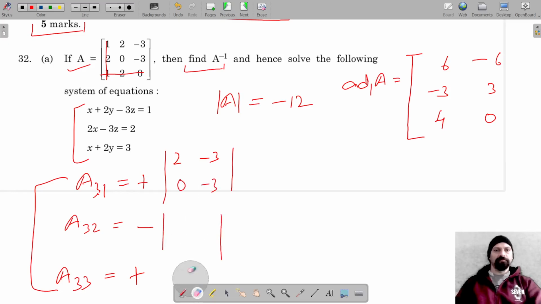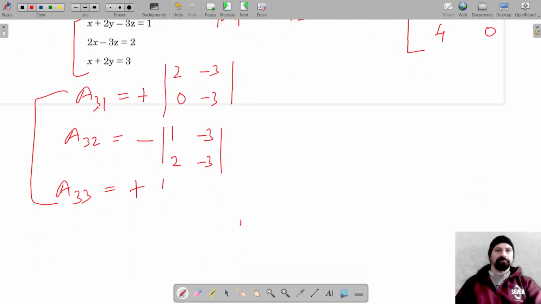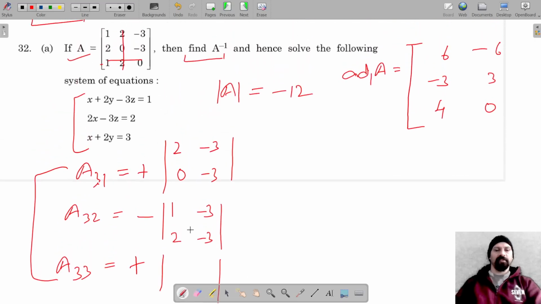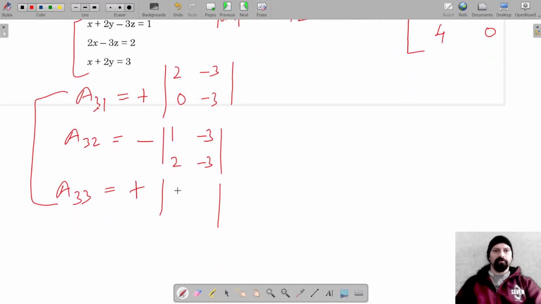For 3, 2, it's 1, -3, 2, and -3. Okay, for 3, 3, if you remove the row and the column for this, we are left with 1, 2, 2, 0.